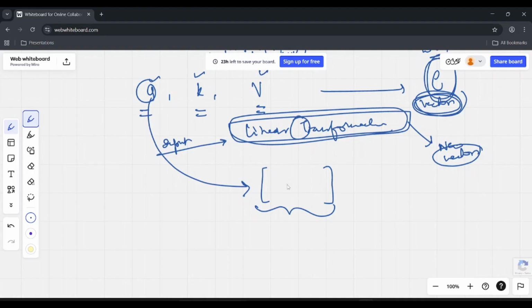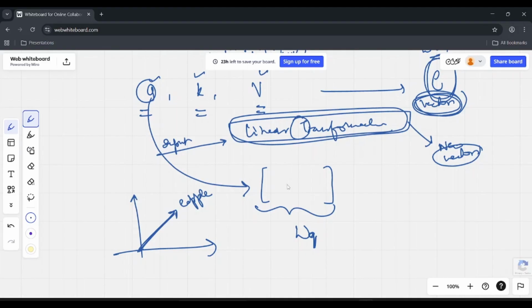So how does a matrix help us in linear transformation? Let's say I have this original vector, which is my word embedding of, let's say, apple. Then I have a matrix. Let's say I call this matrix WQ.